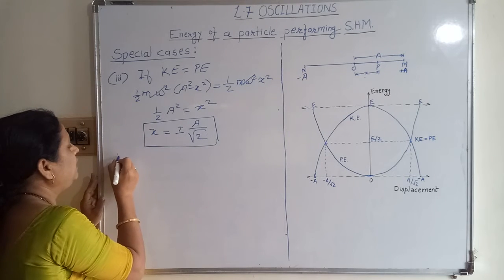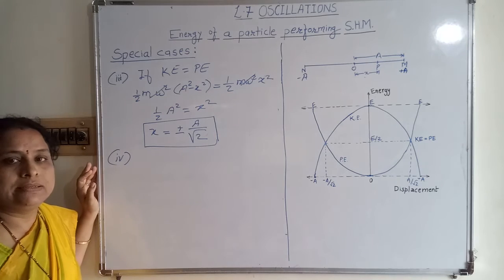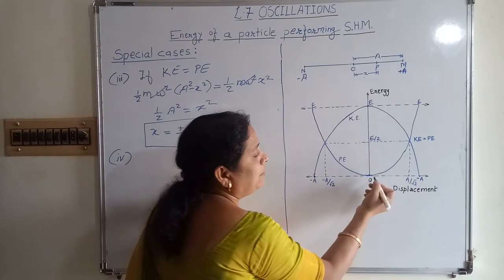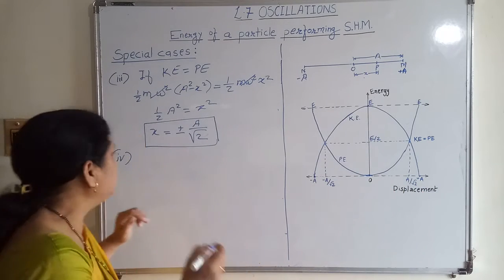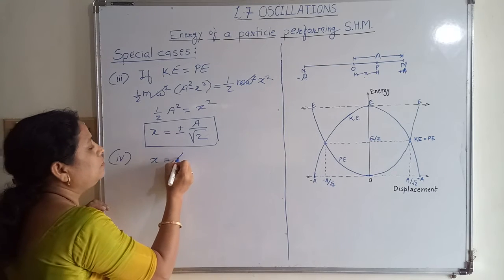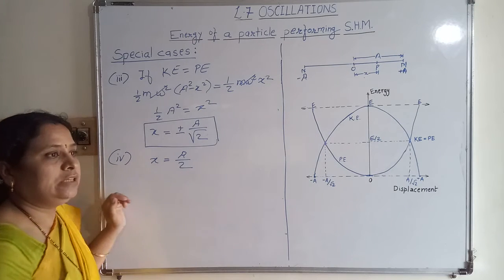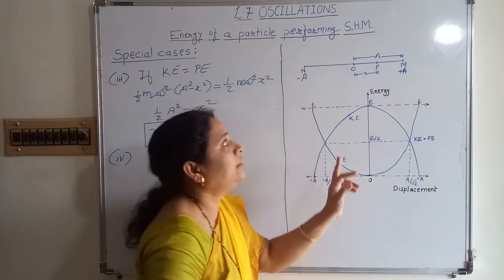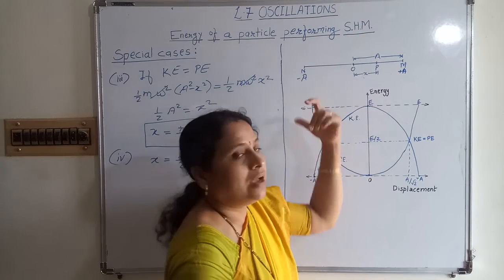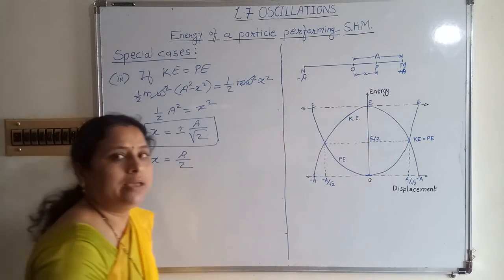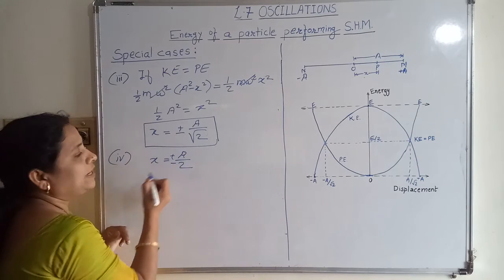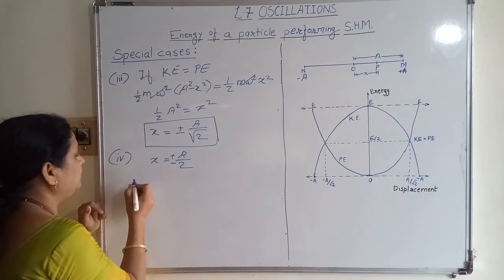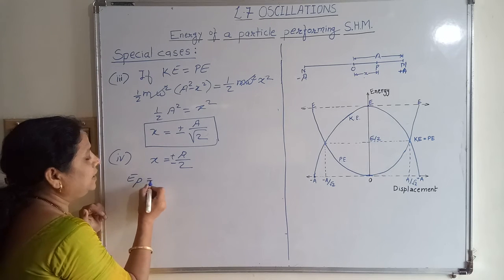Now we discuss one more special case: what will be the values of kinetic energy and potential energy at half of the amplitude, that means displacement x equal to a by 2. When the particle is exactly midway between the mean position and the extreme position, the displacement is half the amplitude, x equal to a by 2, on either side. First we calculate the potential energy.